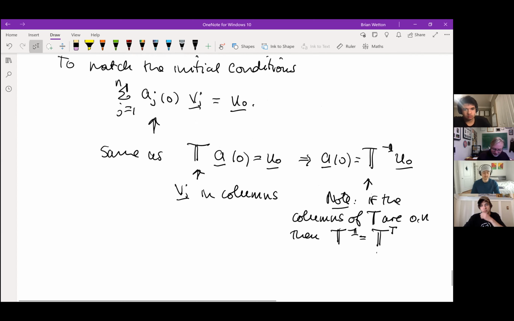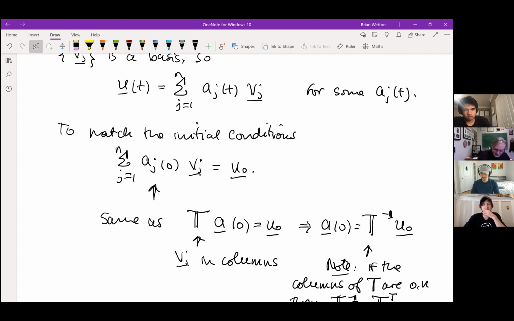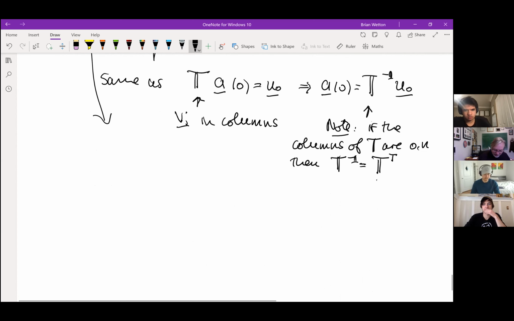Okay, what's the next thing I'm going to do? I'm going to take this expression and I'm going to put it in the differential equation. Right, so I'm going to have the time derivative. So I had Aj times Vj. When I take the time derivative, I'll just take the time derivative of the coefficients.